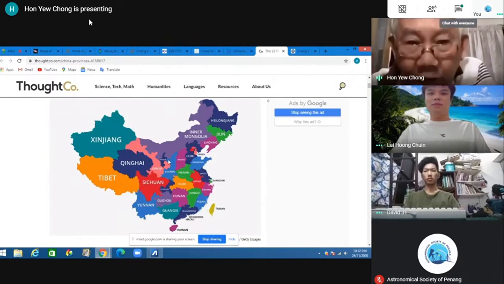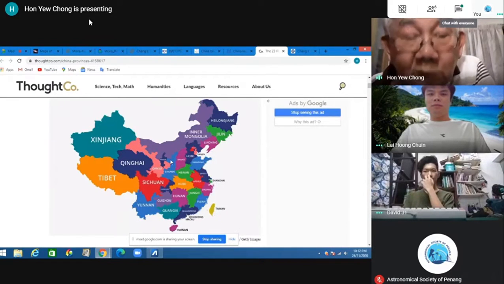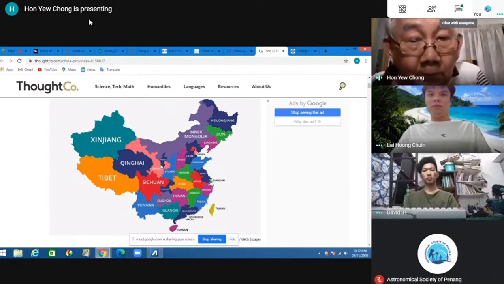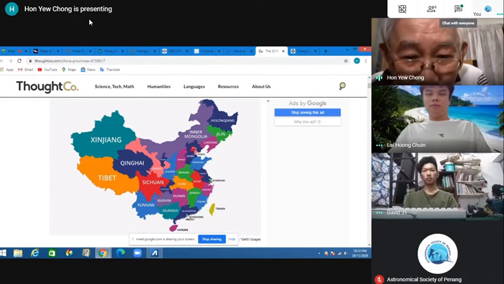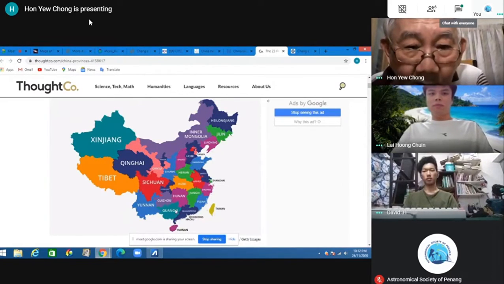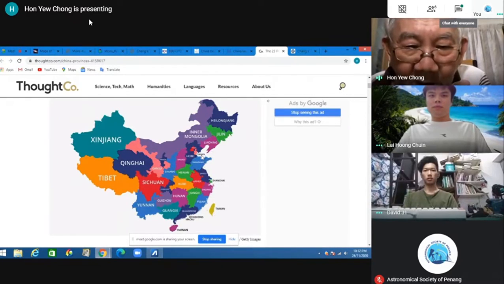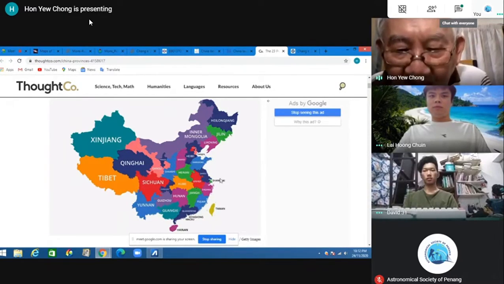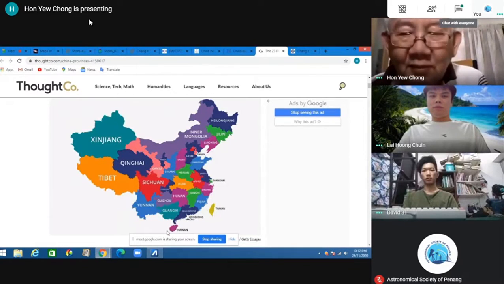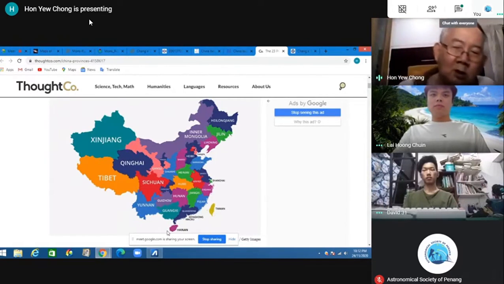So it cannot go more than 3 meters. The Long March 5 diameter is 5 meters. So if you want to move the rocket across China, you cannot transfer it on the rail system, because all the tunnels cannot fit. That's why the 5 meter diameter Long March 5 is put on a ship and travels to Hainan. Only then is it possible. So there are a lot of factors involved.